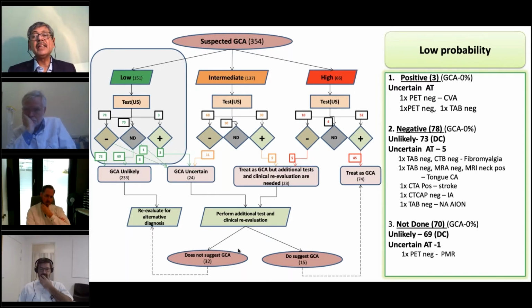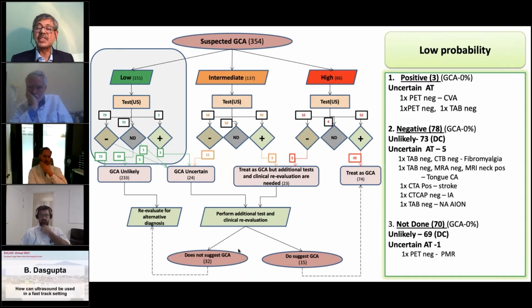On the other hand, sometimes we found that the ultrasound actually came back as negative. And in these situations, what we generally do is we treat as GCA, but we do additional tests. So you may wish to start them on steroids if you were concerned about ischemia, etc. But at the same time, you do additional tests.